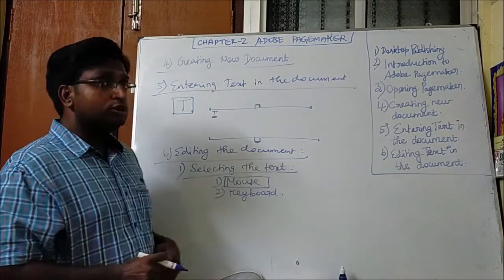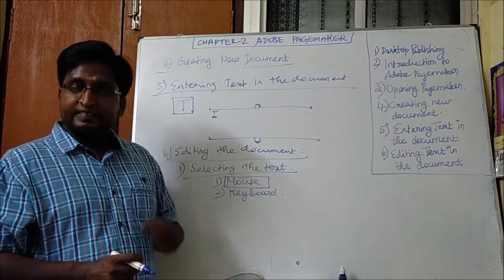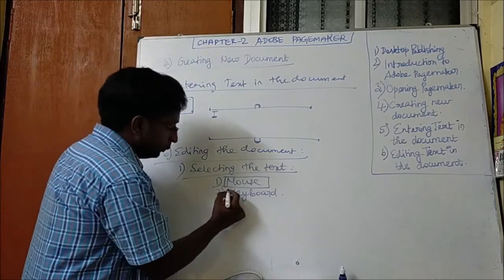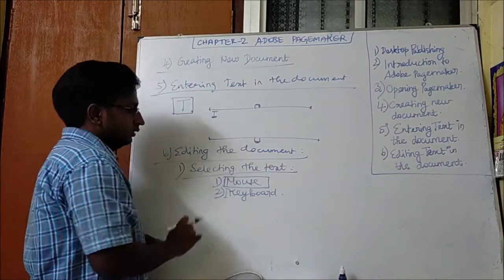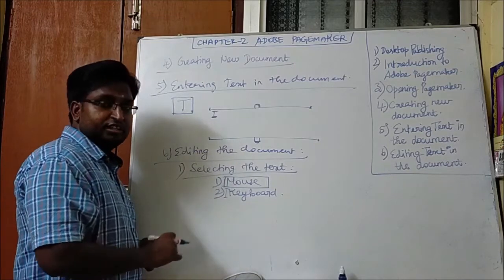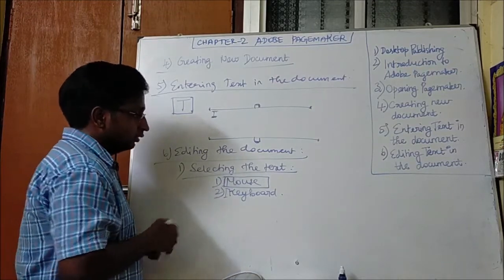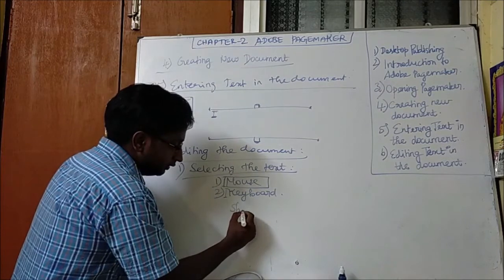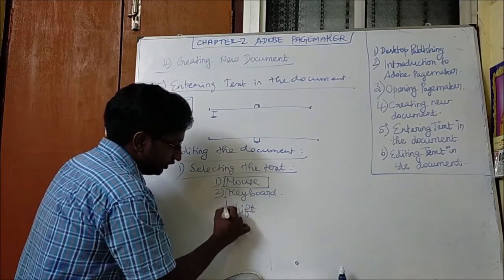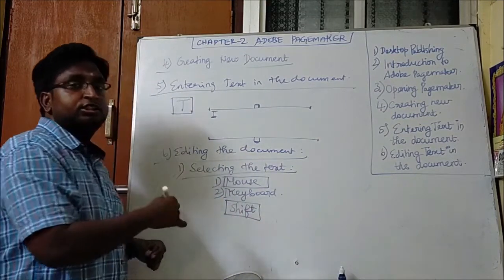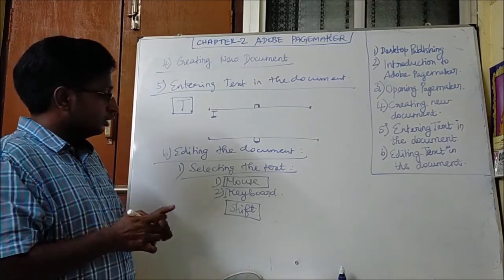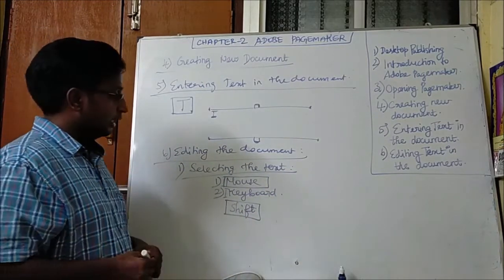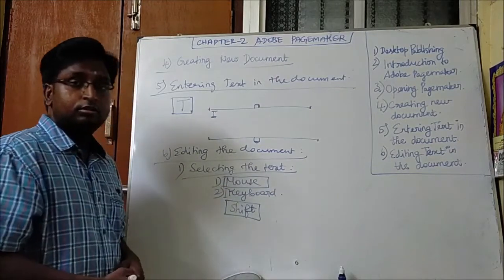Similarly, you can use the keyboard to select the text. Place the insertion pointer by using the arrow keys before the text which is to be selected. Hold down the shift key. You should not release the shift key until the text is selected.